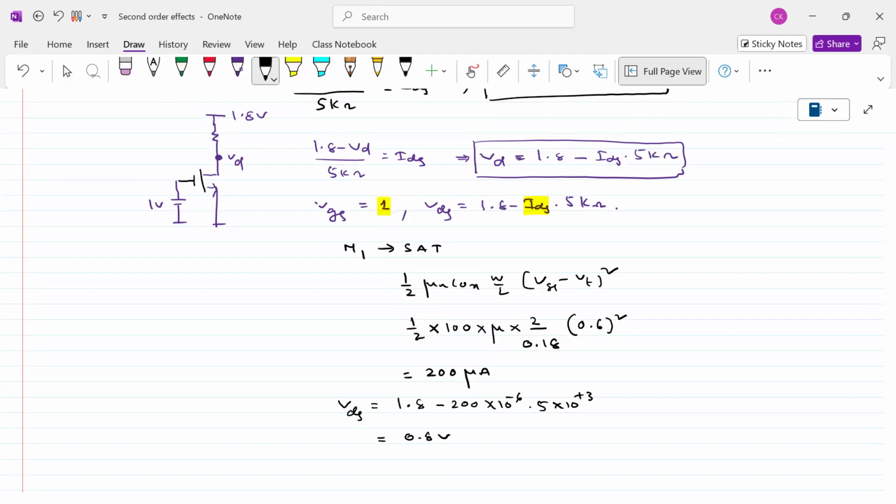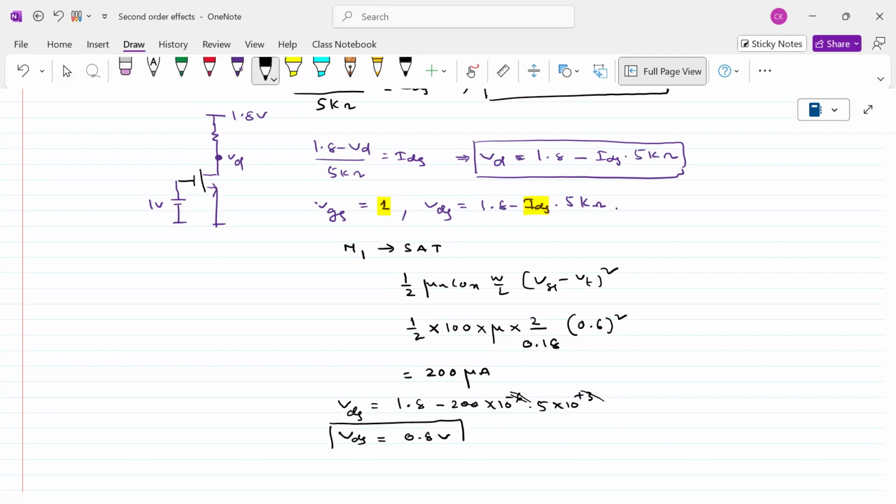So 1.8 minus 1 becomes 0.8 volts. Now this is VDS.